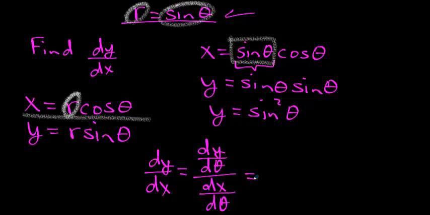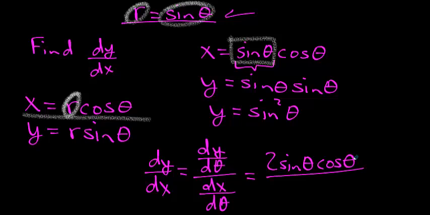Okay, so I'm going to differentiate the top. 2 sine theta cosine theta. Everybody see that? I differentiated dy/d theta. Now I'm going to come up here and do the dx/d theta. We could mess around with this and get an identity, make it a little cooler, but let me just use the product rule.